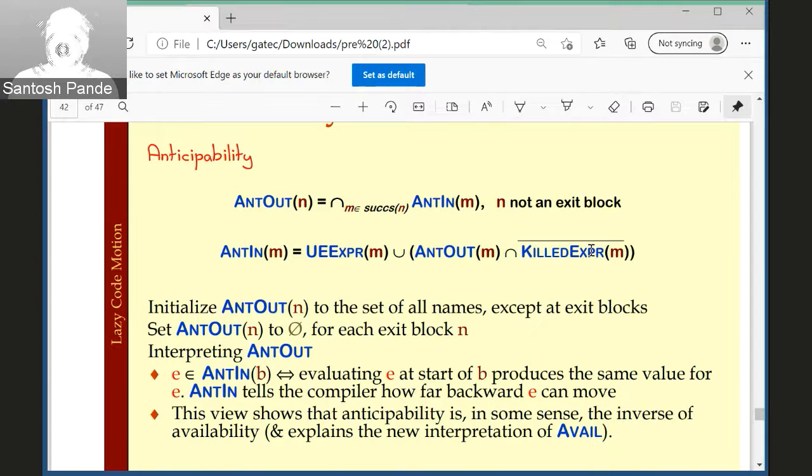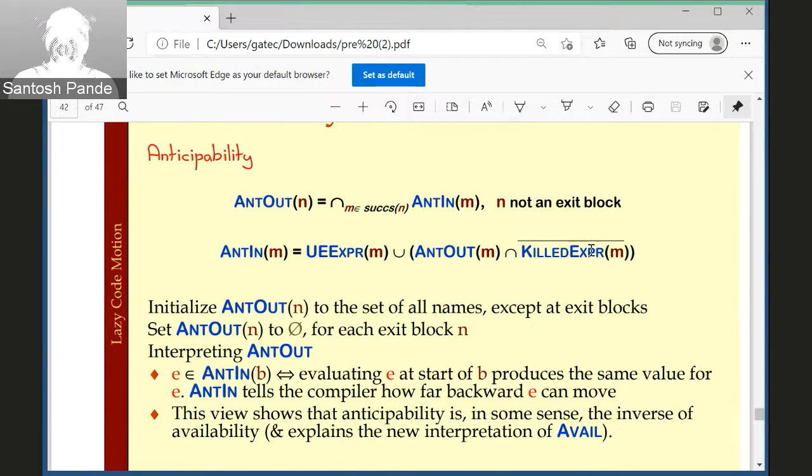Along all the paths, the expression is still being evaluated without meeting any redefinition of operands or exit condition. So that's how you propagate anticipatability backward through the basic block: it is not killed, and it was anticipated at the end of the basic block.